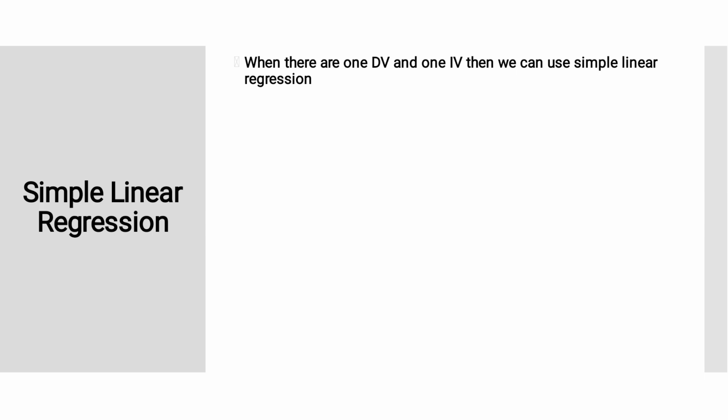Whichever way, the aim of simple linear regression is the same. Either you check the impact of your independent variable, or you explain brand loyalty, the dependent variable, with the independent variable, that is customer satisfaction.